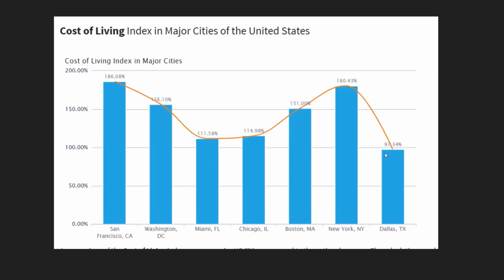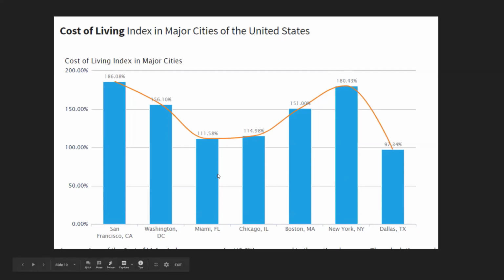But what I want to get at for right now, based on this chart, Dallas is going to be more affordable, as we would expect, than a place like New York City or San Francisco. Those have high index numbers right now on this chart, and that is telling us those are more expensive places to live. It might be more expensive to pay rent there, to buy groceries, or maybe gas is just way more expensive.